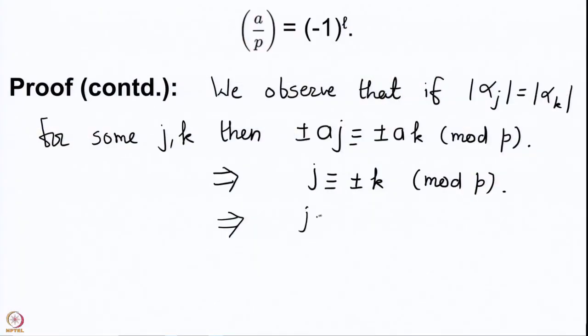But since you are taking a very restricted set, this has to imply that j is congruent to k mod p, but again this has to imply that j is equal to k, because the difference of j and k, if not 0, has to be less than p. So, if j and k are not equal, then you can never have j congruent to k mod p.